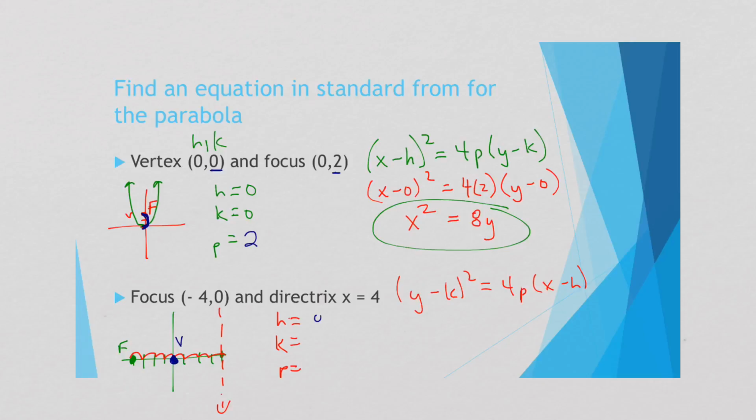So h and k are once again 0. Now what's p? P is this distance here, which was 4. So y minus 0 squared equals 4 times 4 times x minus 0. My final answer, y squared equals 16x. And those are my equations in standard form.